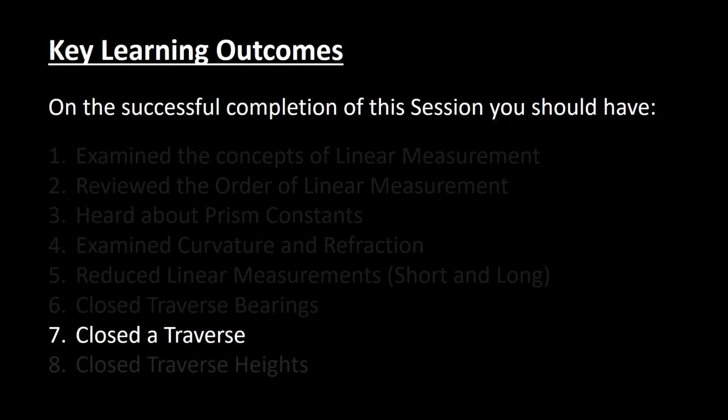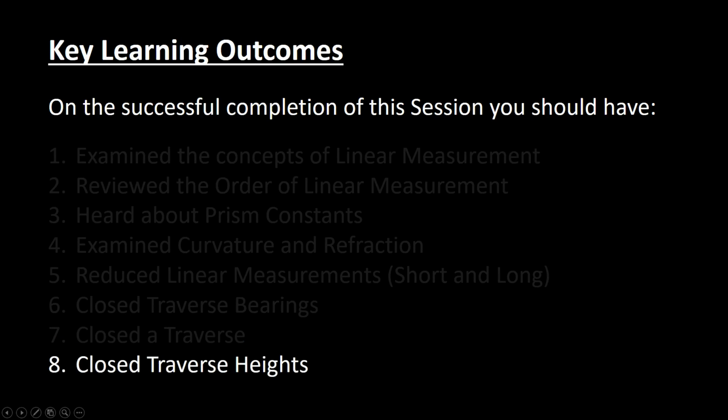So if we start at a point and do a whole lot of measurements and come back to that point, we need to show that that is in fact the case, and the amount that we miss by is called the misclose. We also have to close our traverse heights as well. So quite a lot of things to go through there, and in the successful learning outcomes, we will encounter all of those in this unit.